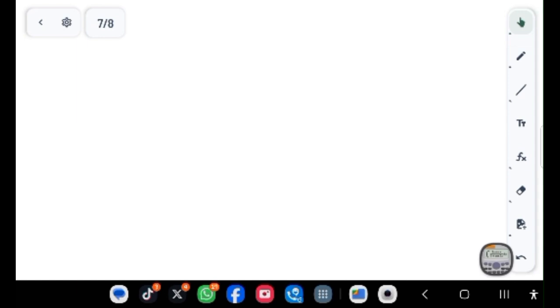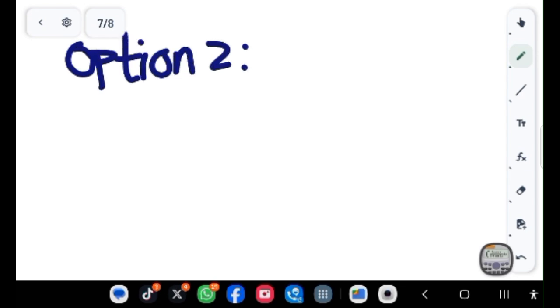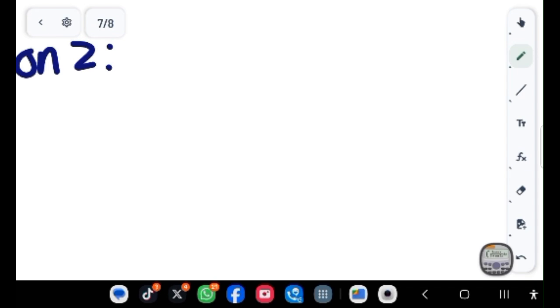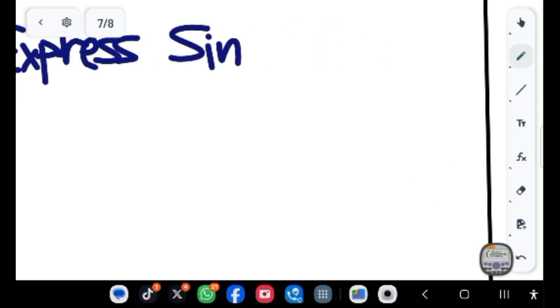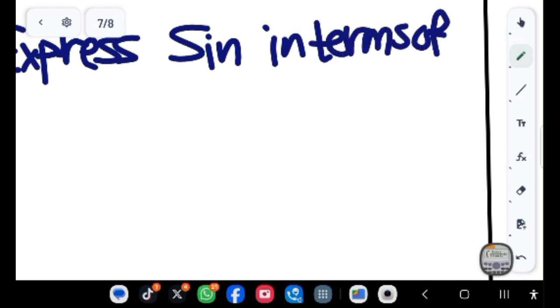Option 2 of the same answer is when you express sine in terms of cos. All right, let's do that.